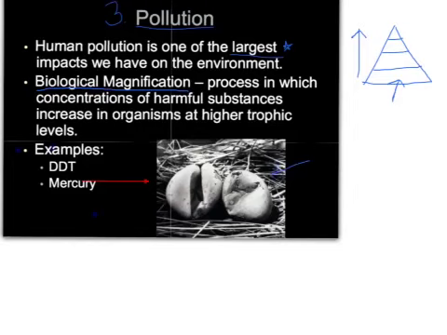When they were laying eggs, their shells were so fragile that they couldn't remain intact. So you have a decrease in the population because their birth rate is lower. If you don't have eggs that can withstand the normal environment, they're not going to be able to sustain the population.